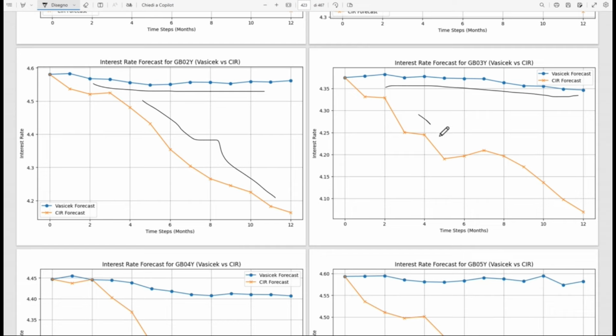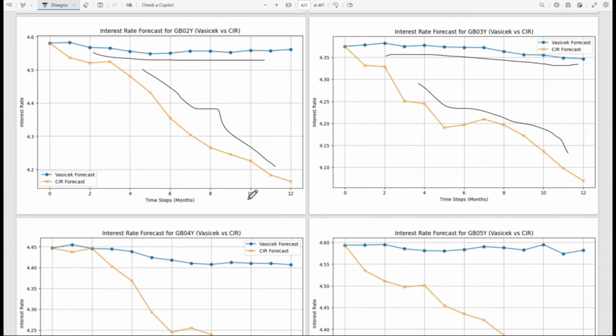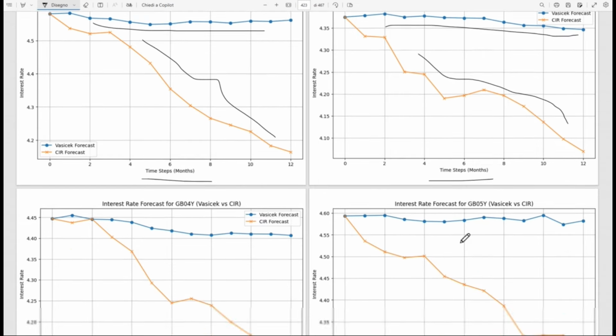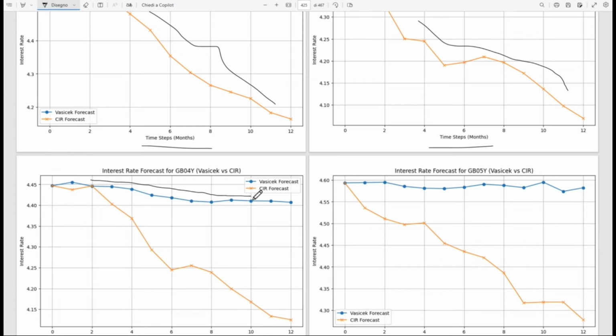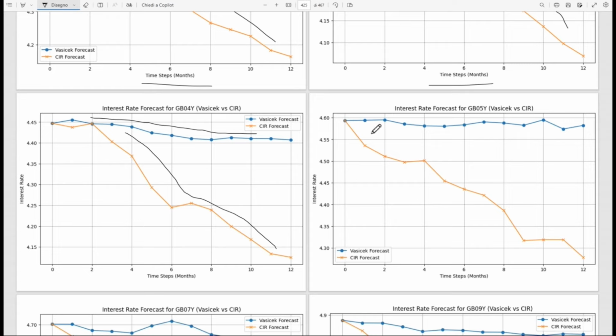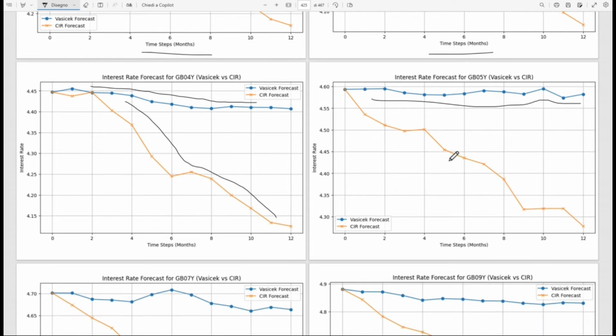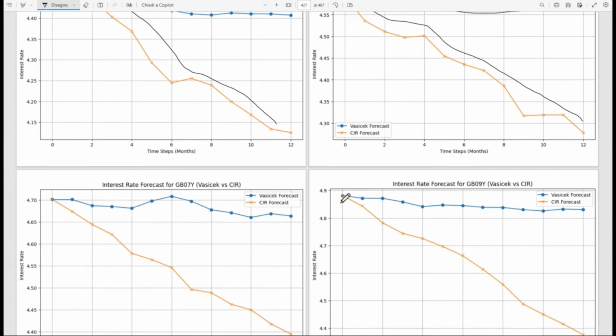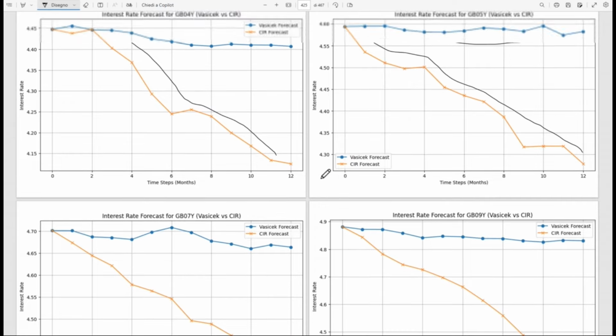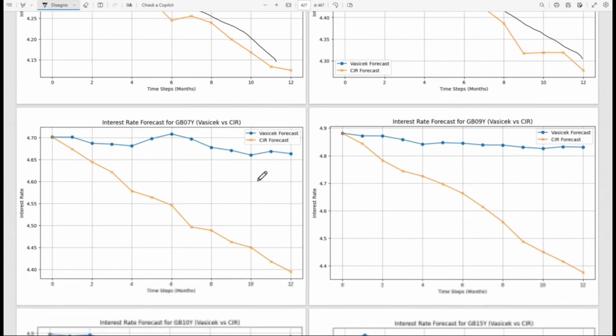The CIR model forecasts the yield curve going down. So there is this discrepancy between the two models, and at the minute I don't have enough knowledge to understand why. I can only take stock of the outcome and see what plays out in the market. But considering that there is higher volatility built into the market, both scenarios are possible.